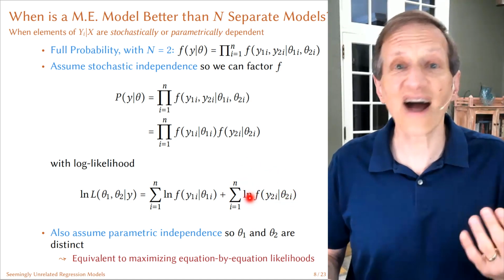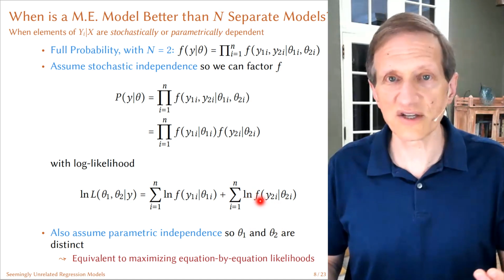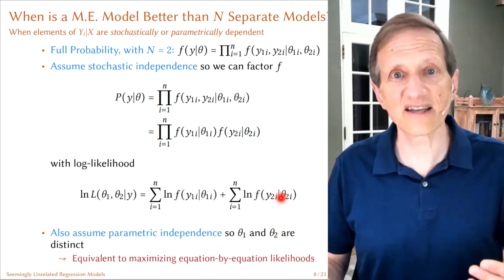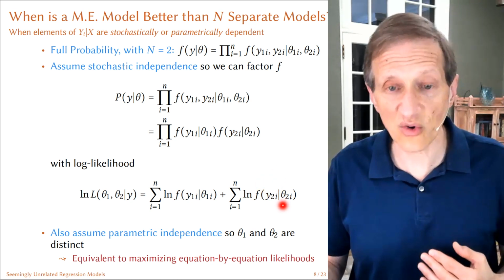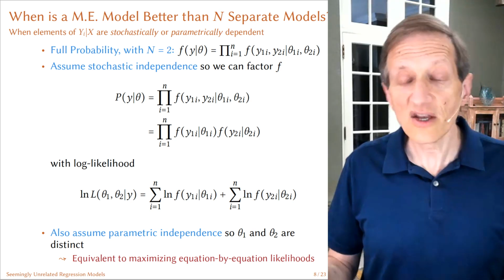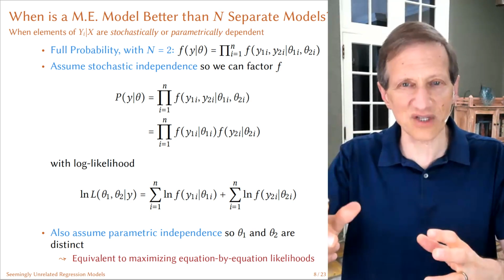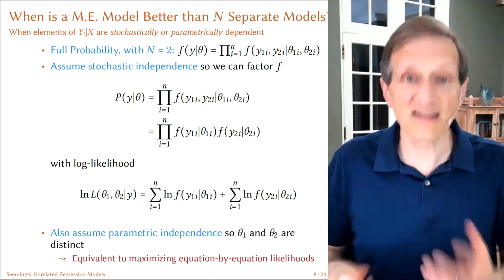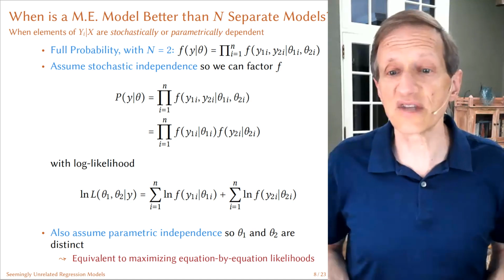This whole component is a constant. It's not a function of theta 1, and so it doesn't matter. Similarly, when we try to find the maximum likelihood estimate of theta 2, we can drop this first component. So that shows you directly that equation by equation maximization of the parameters separately, in this case where you have stochastic and parametric independence, will give exactly the same answer.